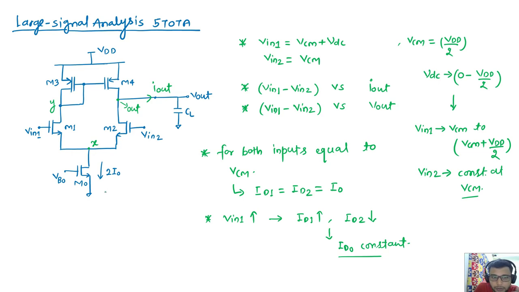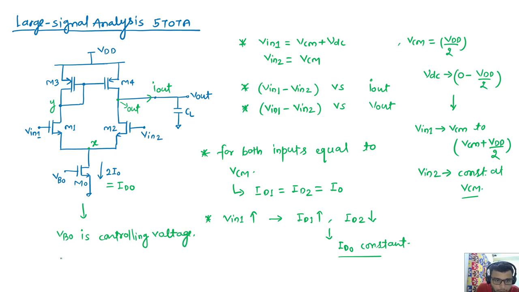This is 2 I naught, but I'll call it ID naught also. So how is this constant? It is actually controlled by this VB naught, which is my external biasing. VB naught is the controlling voltage.